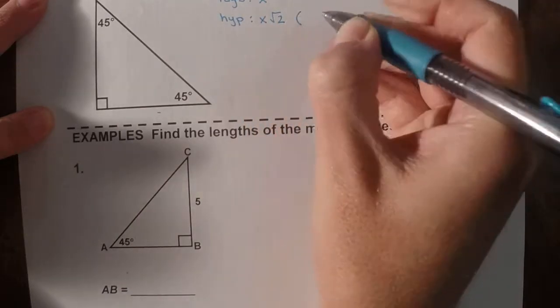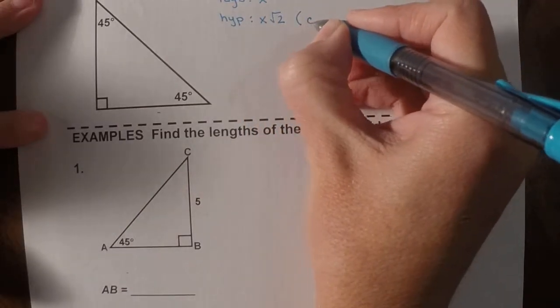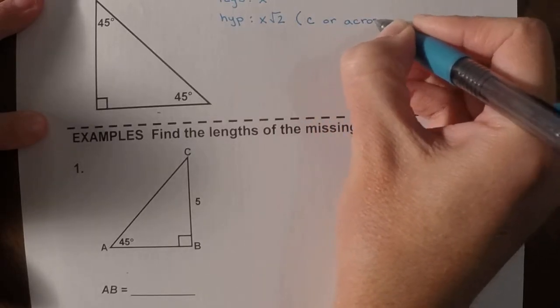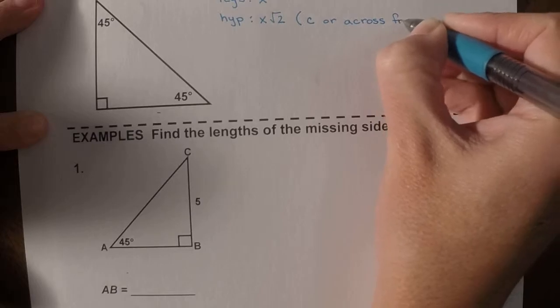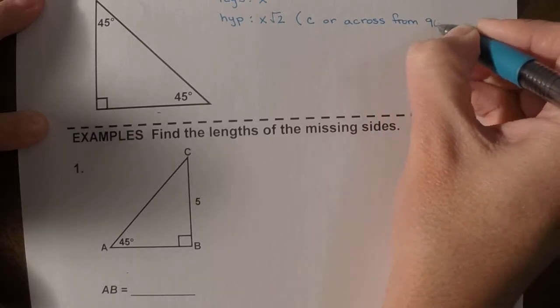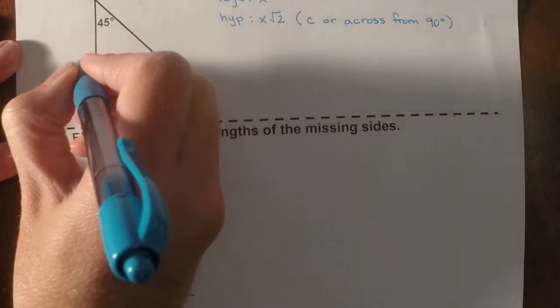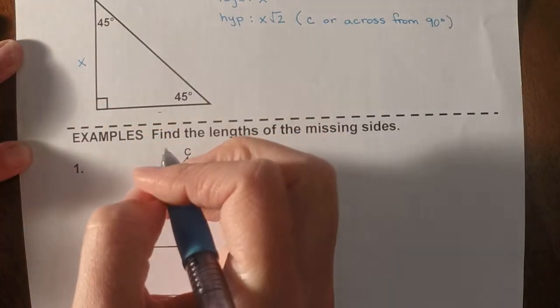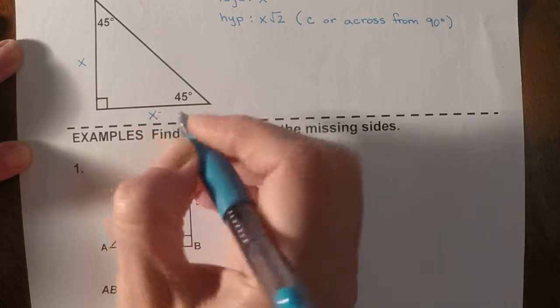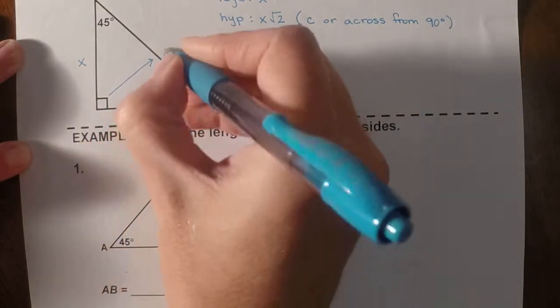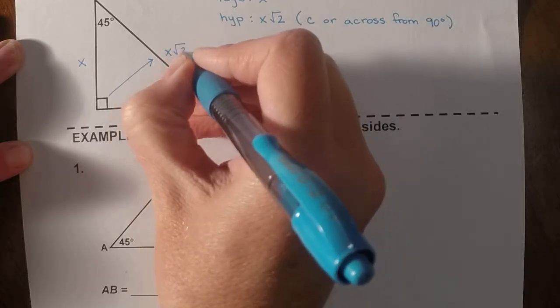And then you might remind yourself that this is your c, or is always across from the 90-degree angle. So here, the bottom leg would be our x, and then our hypotenuse, which is always across from the 90, is going to be x root 2.